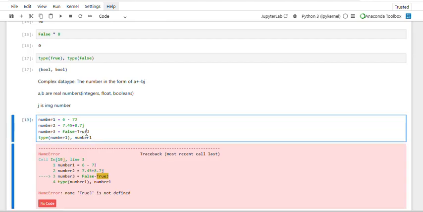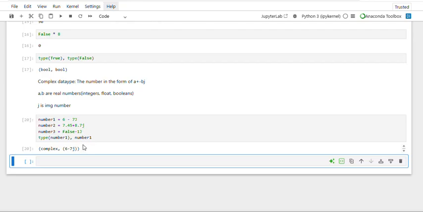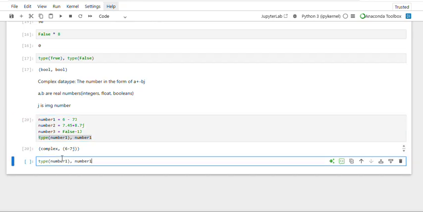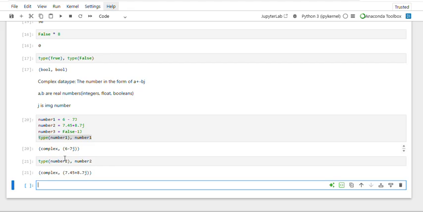True j we cannot define, because j must be multiplied directly by a number, we cannot multiply it with the Boolean. I'll take 1j. Yes, you can see the type of number1 is a complex number. Now let us change to the second number and check this one.